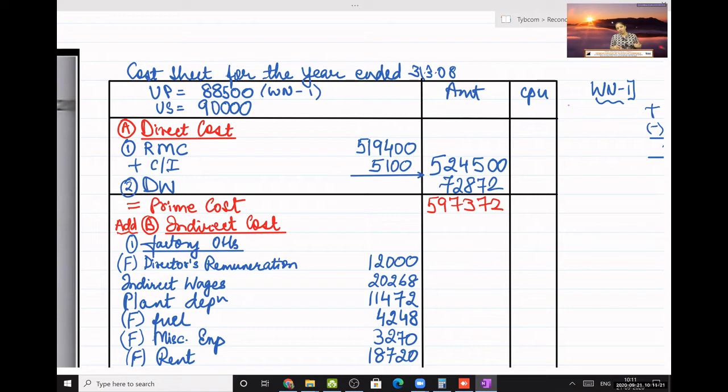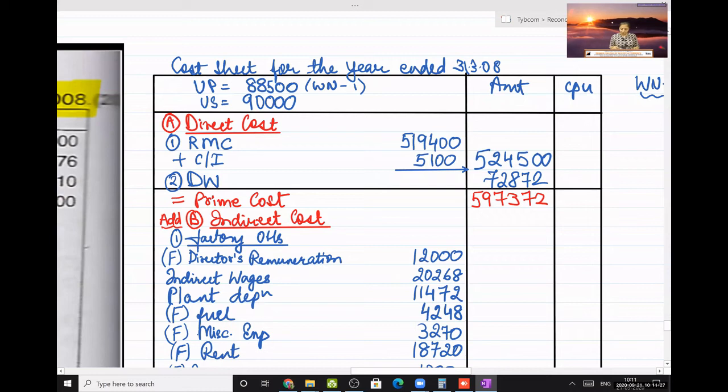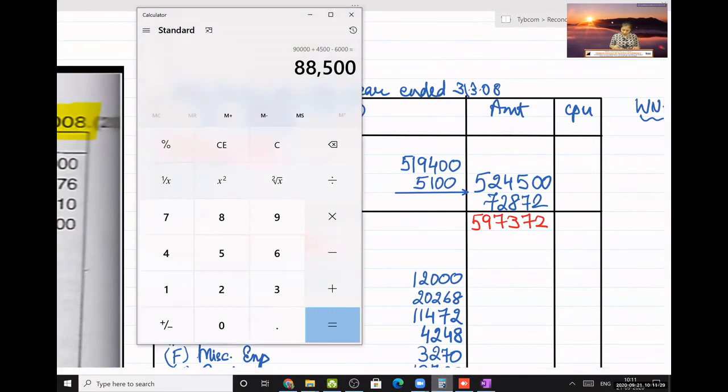Carriage inward, you will be adding it to raw material consumed. So 5,19,400 plus 5,100, outer column 5,24,500. Then direct wages 72,872. 5,97,372. So that's my prime cost.